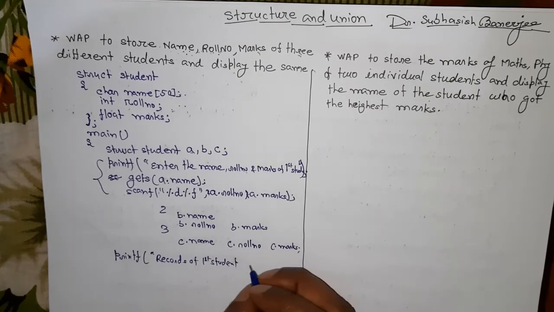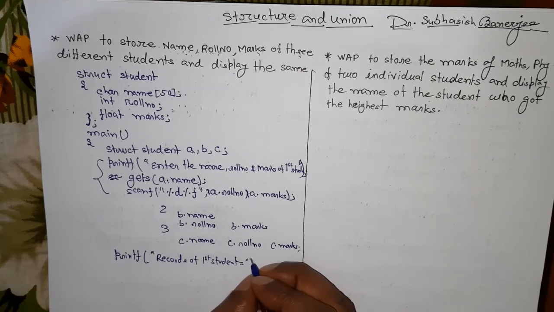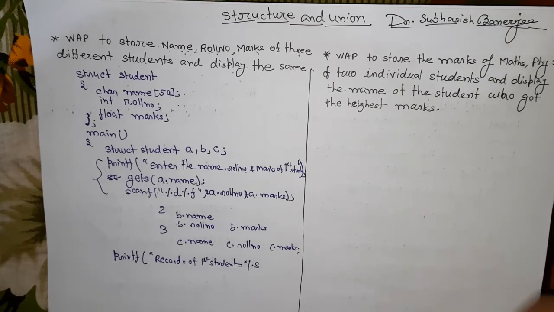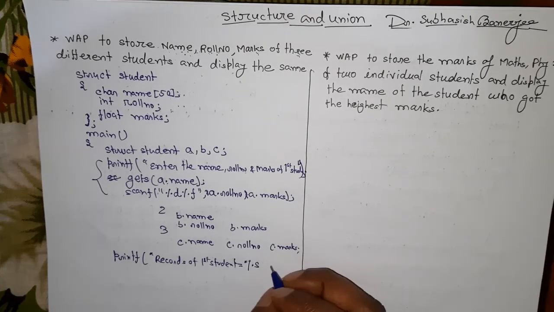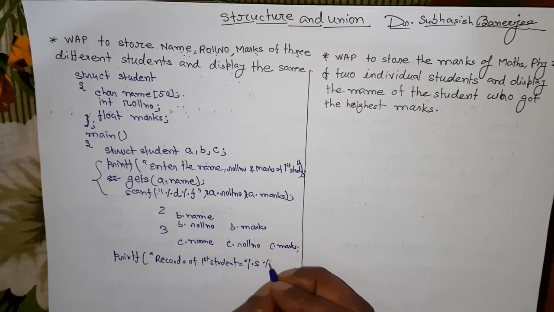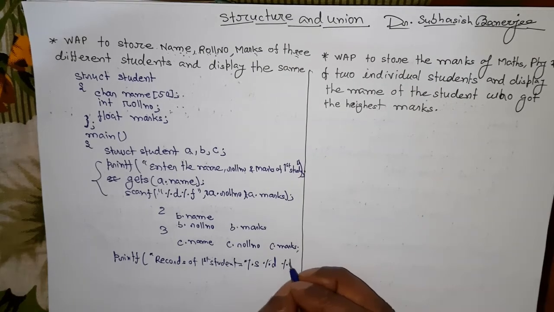So what are the records? You may specify percent s to display the string, or you may use puts also, the choice is yours. Then to display the roll number, percent d. For displaying marks, let's have percent f.